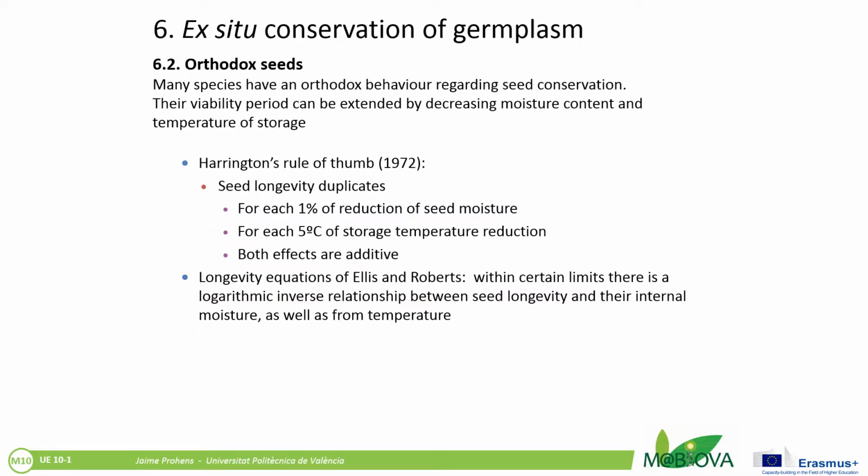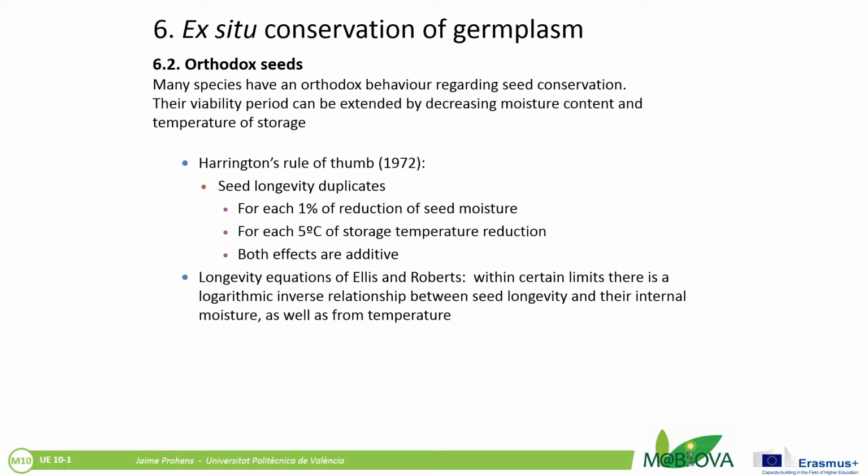Fortunately, many species have an orthodox behavior regarding seed conservation. This means that their viability period can be extended by decreasing moisture content and temperature of storage. The longevity of seeds can be calculated by using Harrington's rule of thumb, which states that seed longevity duplicates for each 1% of reduction of seed moisture, or for each 5 degrees of storage temperature reduction.